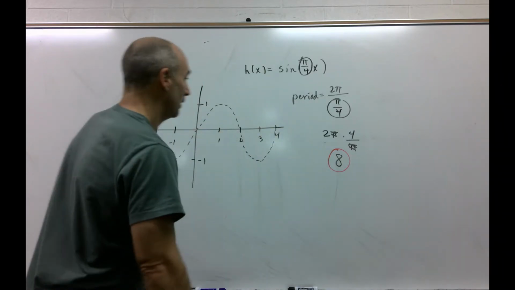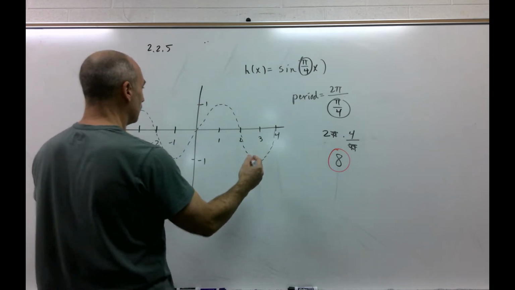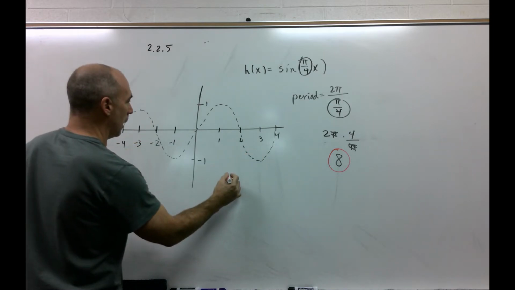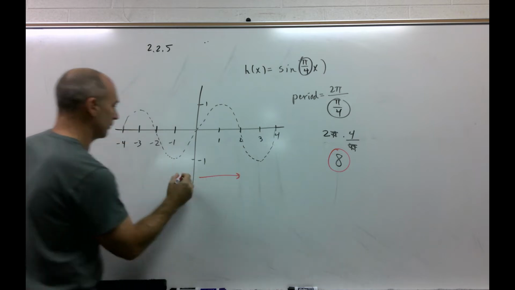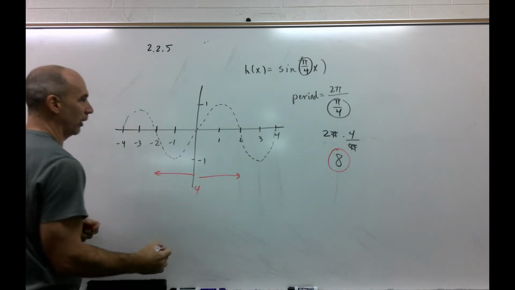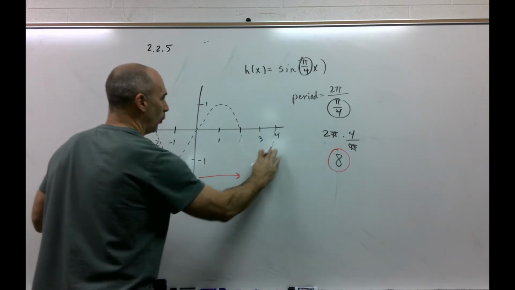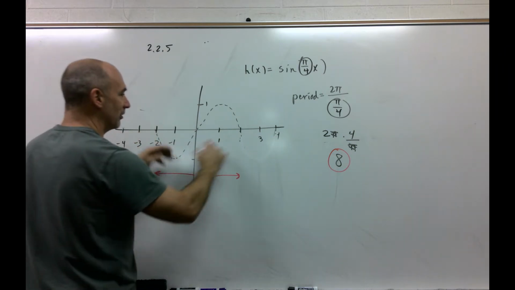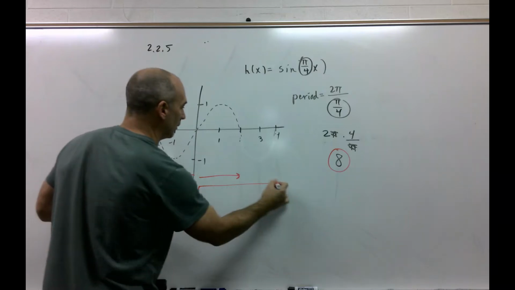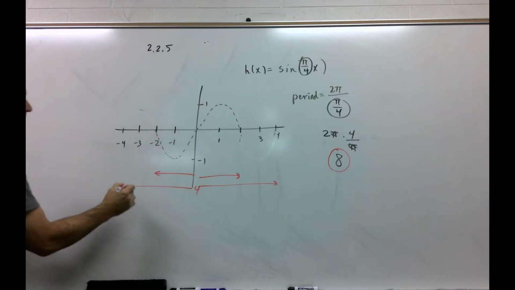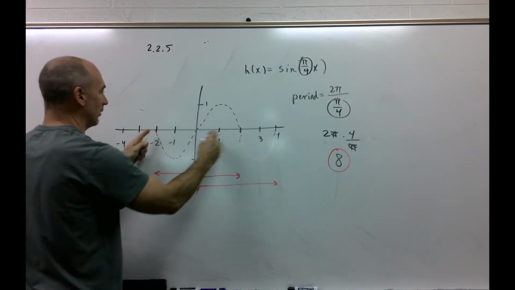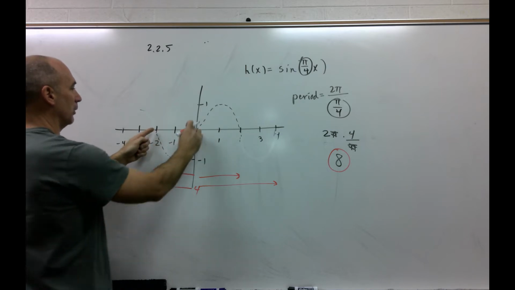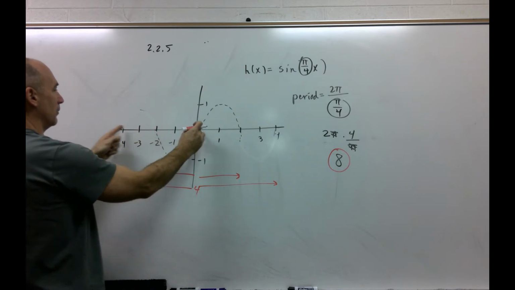So now, as we can see, this one repeats itself. The period is 4. I need to take this one cycle, right here and here. So now I need to double that, so the walls need to go out here into here, and this needs to repeat itself. So let's take this bowl, this little valley, and repeat it from here to here.